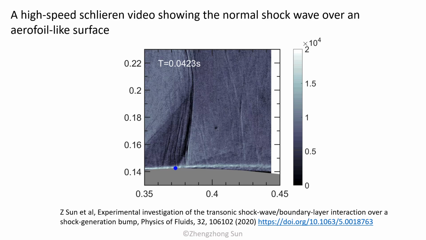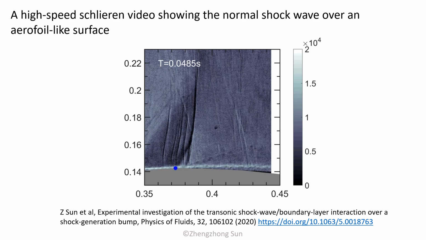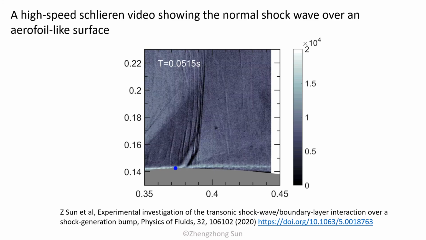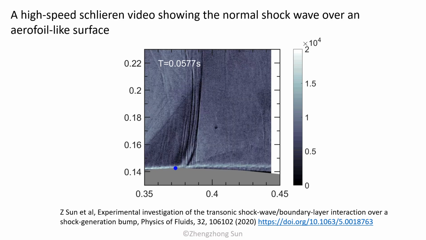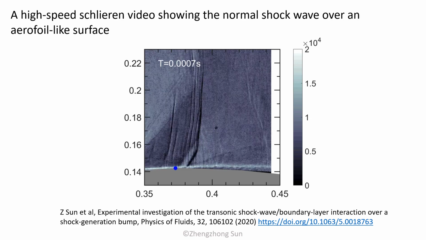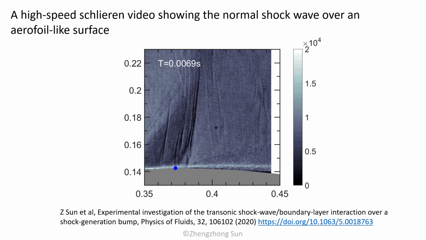Maybe you can treat it as the top surface. And in the wind tunnel, the inlet flow is about Mach 0.54, but because of the flow surface curvature, the flow gradually accelerates to Mach 1.